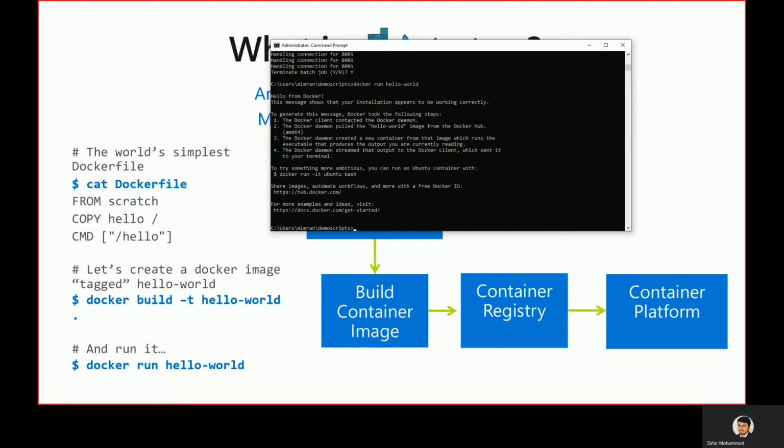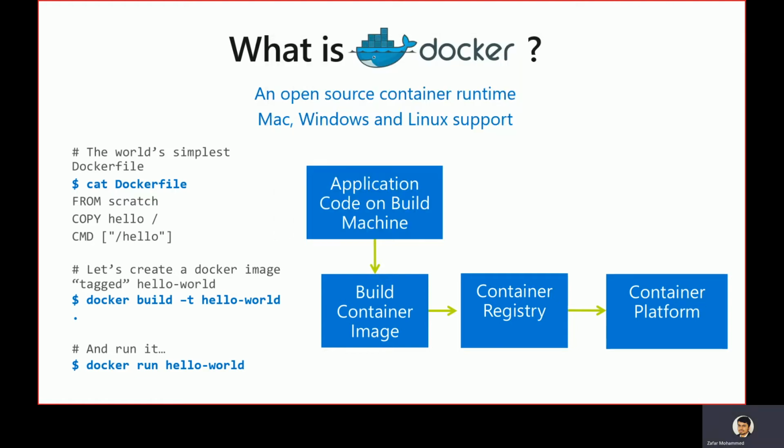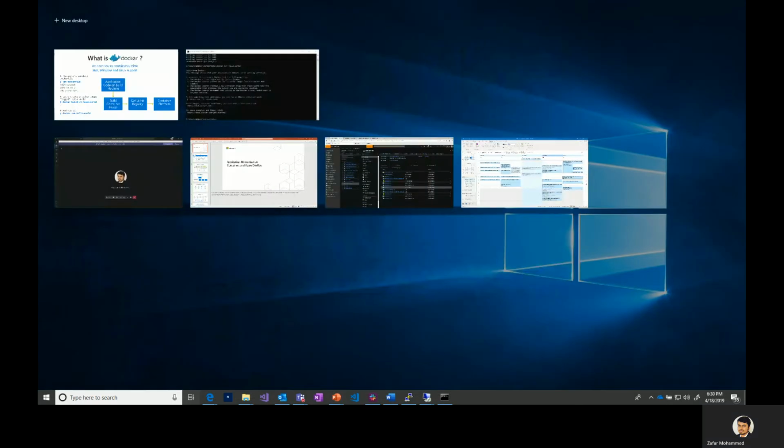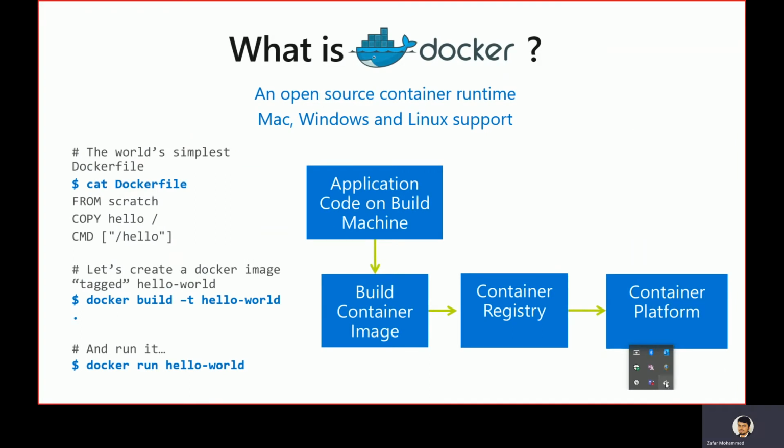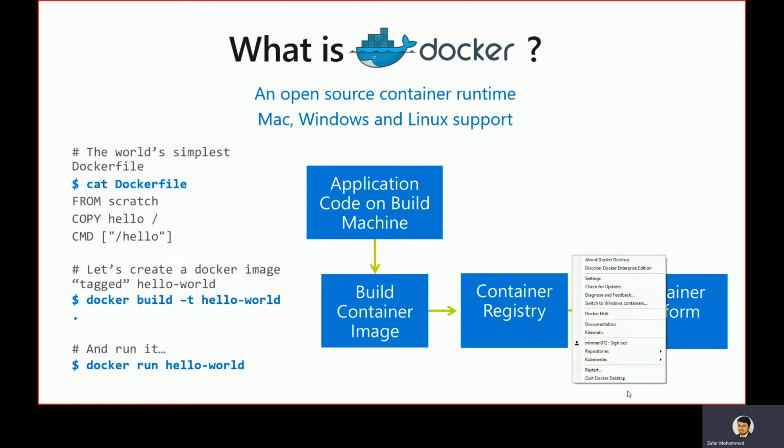So if I want to show you the Docker Hub, I can, just a sec. I will have to minimize my presentation somehow. And there you go. Here's my Docker Desktop that's running. Docker Desktop is running locally on my machine and I'm connected to the Docker Hub public container registry.